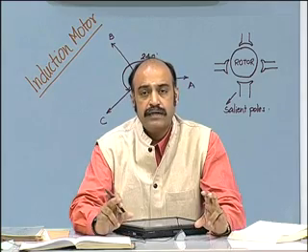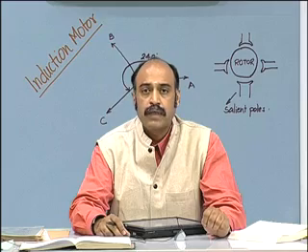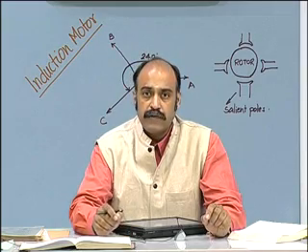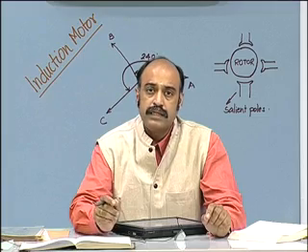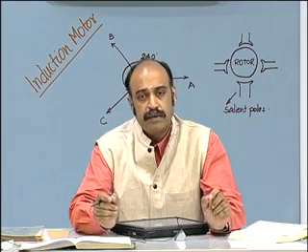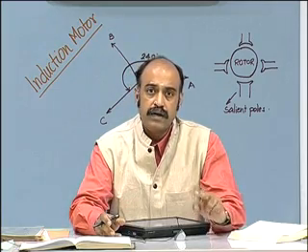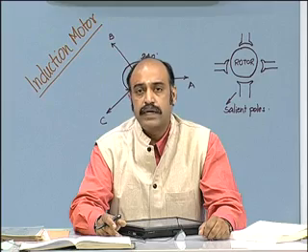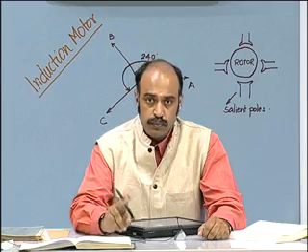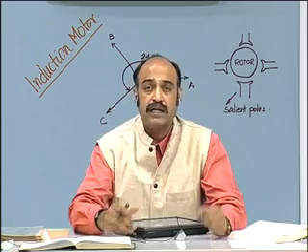If we add one more pole pair, or two more poles, which means four poles or two pole pairs, then for every cycle the magnetic flux or the MMF has rotated 180 degrees, which means two cycles are needed for one complete revolution. If there are two pole pairs, you need two cycles. If there are three pole pairs, you need three cycles, and so on.